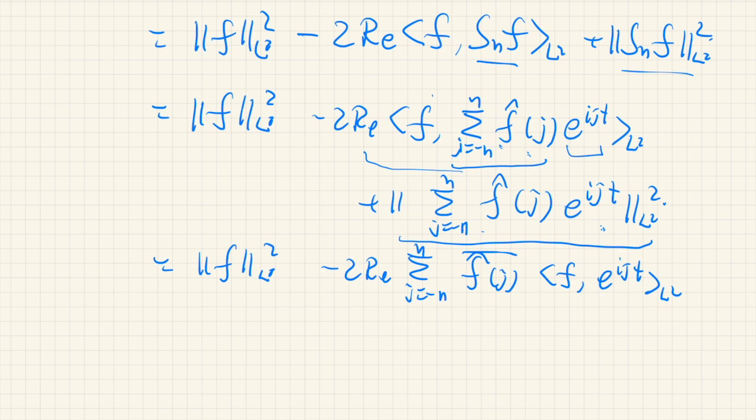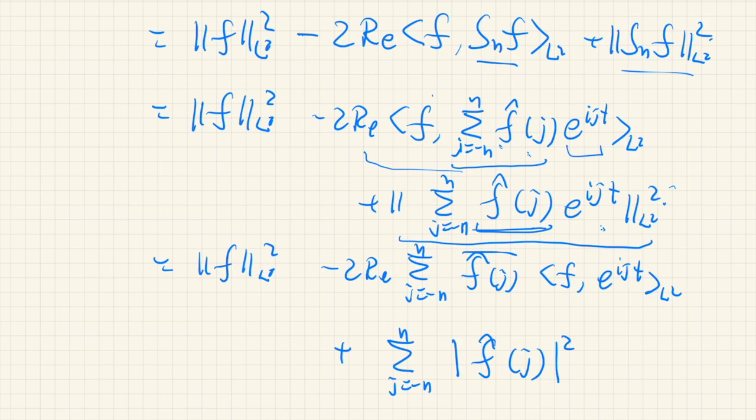And here, as we have learned before, this is a trigonometric polynomial. So the norm squared of this function should be the sum of the squares of the absolute values of the coefficients. So that is the sum over j from negative n to positive n of the absolute value of f hat j squared.